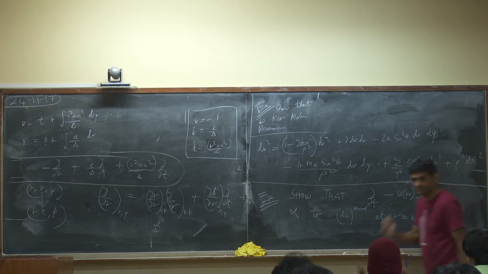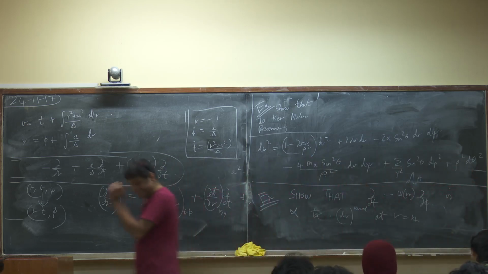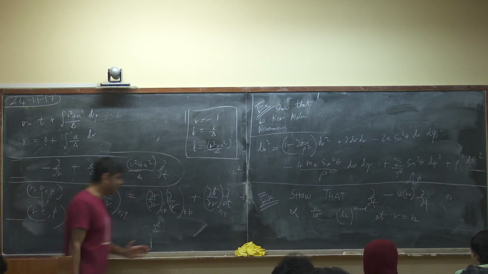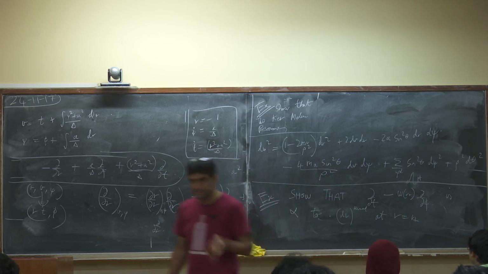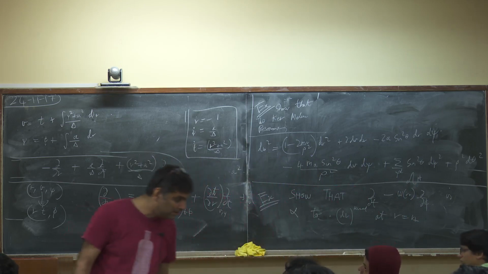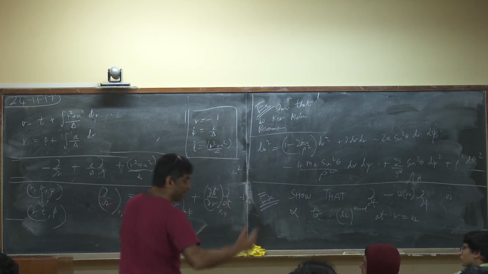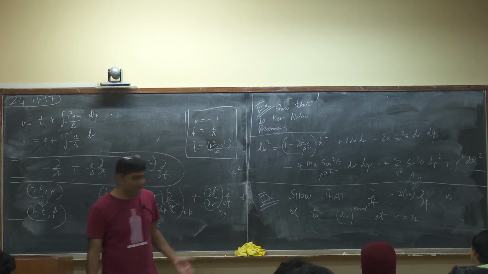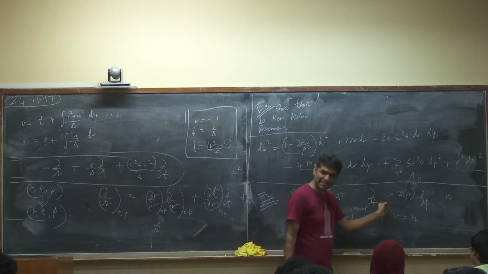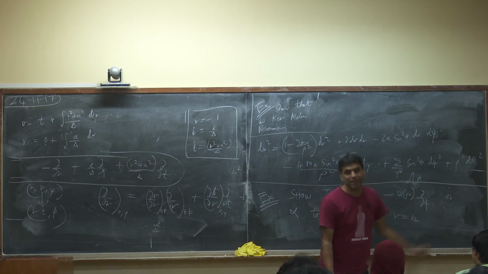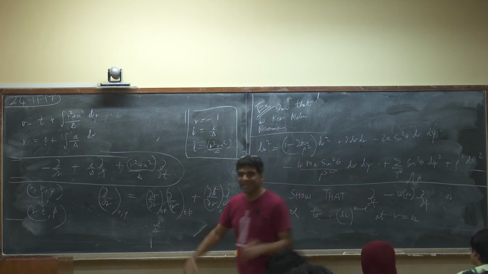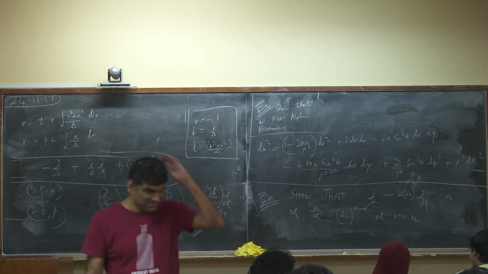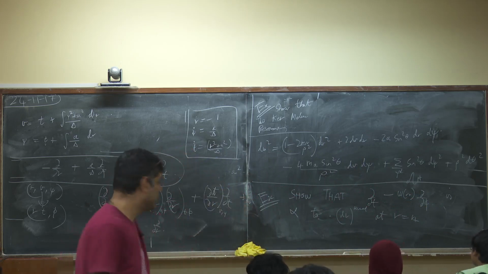So the restriction, this field, is this with this constant. That's a number. That's very important. And that is a Killing vector at infinity also. It's a Killing vector over the whole space-time, because d/dt is a Killing vector in space-time, d/dphi is a Killing vector, and therefore any linear combination with a constant is a Killing vector. Is this clear?